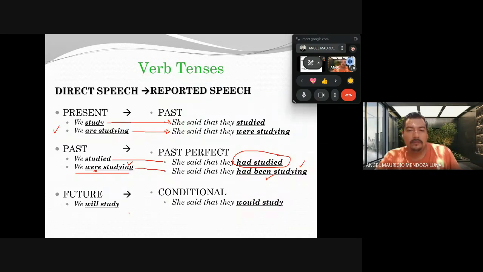With conditionals, the most popular is this one. Will, which is a future expression, right? Future expression, and the conditional one, would study, right?